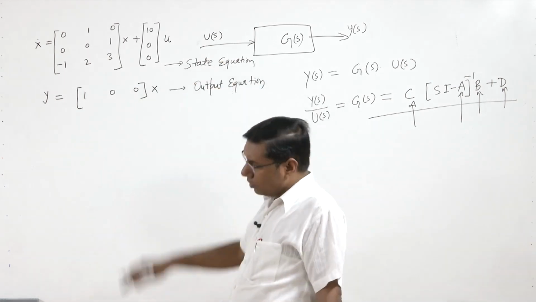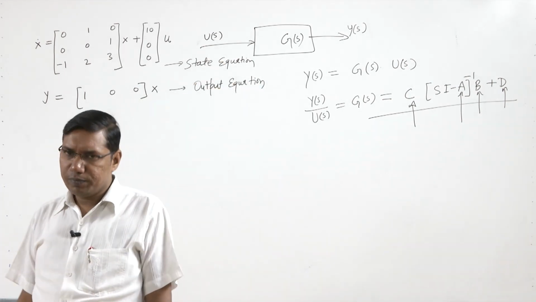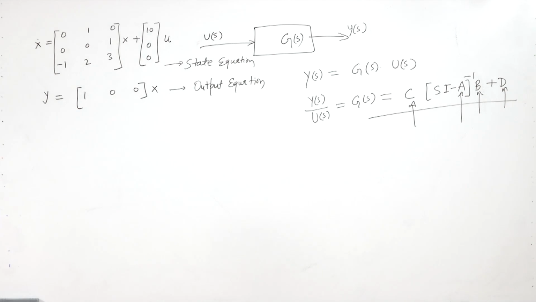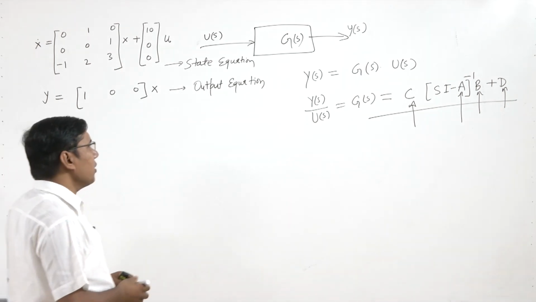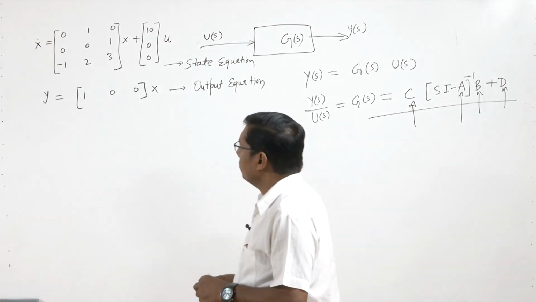So we are given the state space model for a system. Now we have to find the transfer function for this system.